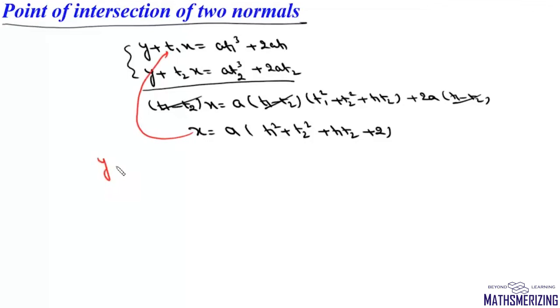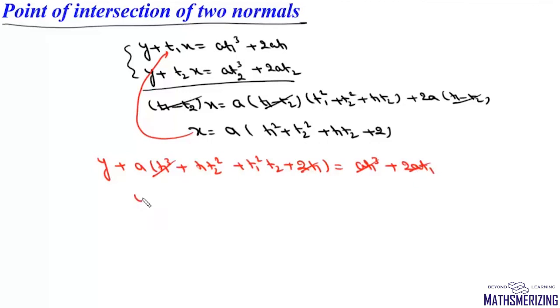So y plus a times t1 will be t1 cube plus t1 square t2 plus t1 t2 square plus 2t1, and it equals a t1 cube plus 2a t1. Now a t1 cube will cancel and 2a t1 will also cancel.